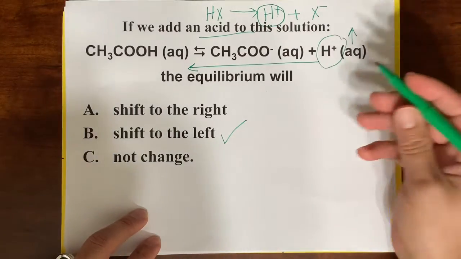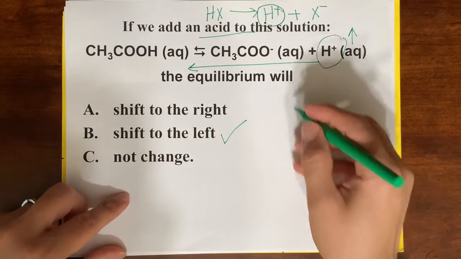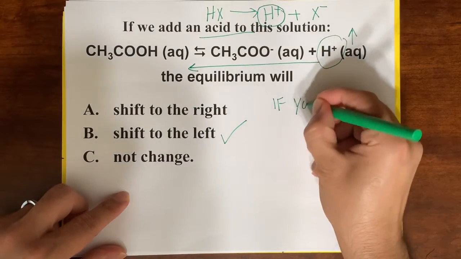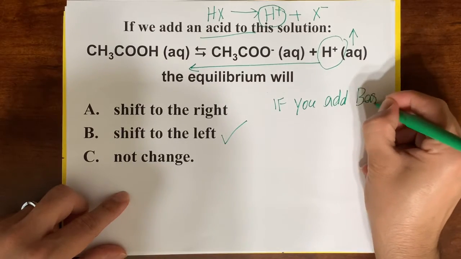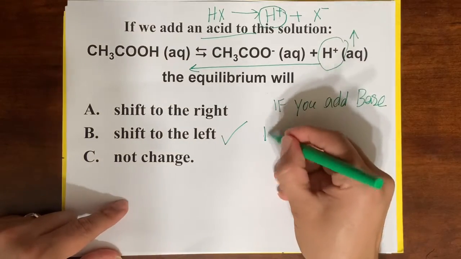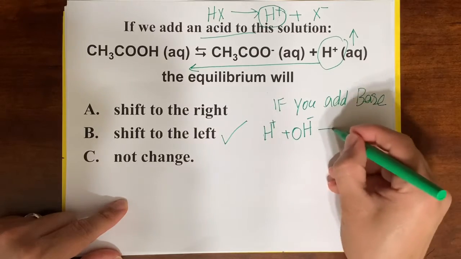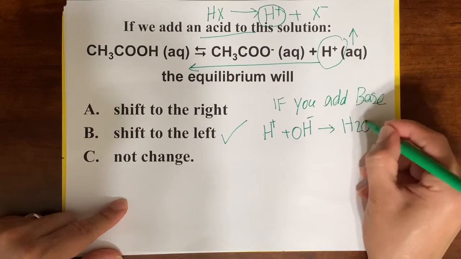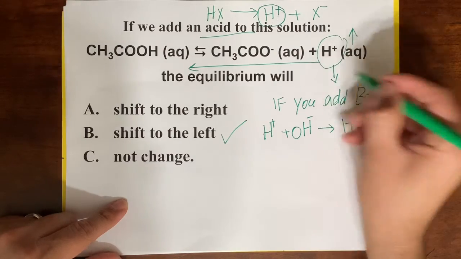What's the effect of adding base? If you add base, it will react with the H plus and generate H2O. So the concentration of H will go down.